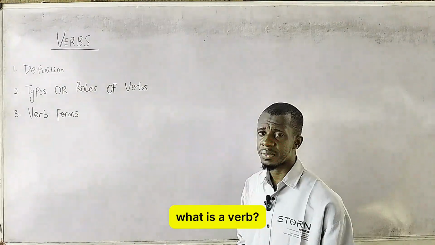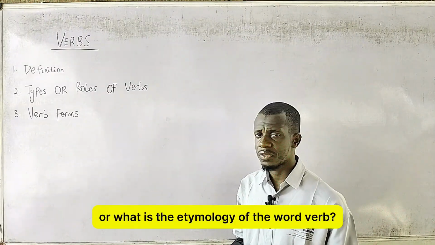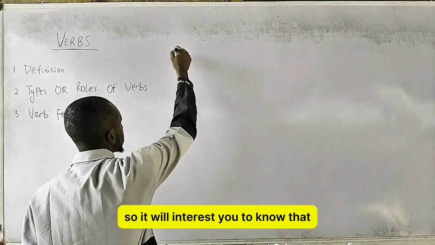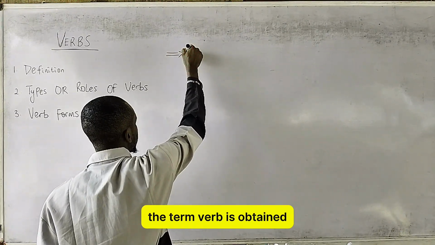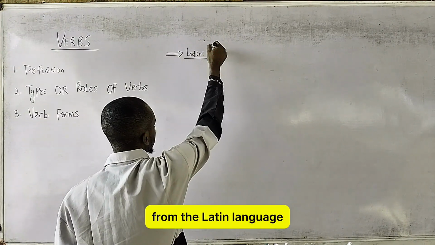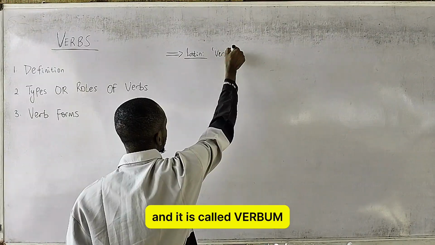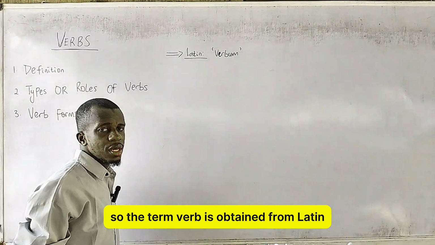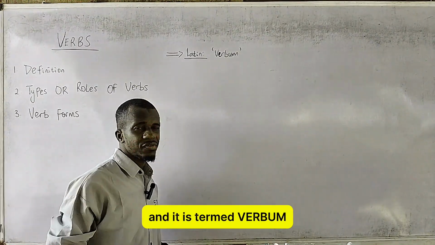What is a verb, or what is the etymology of the word verb? It will interest you to know that the term verb is obtained from the Latin language, and it is called verbum.